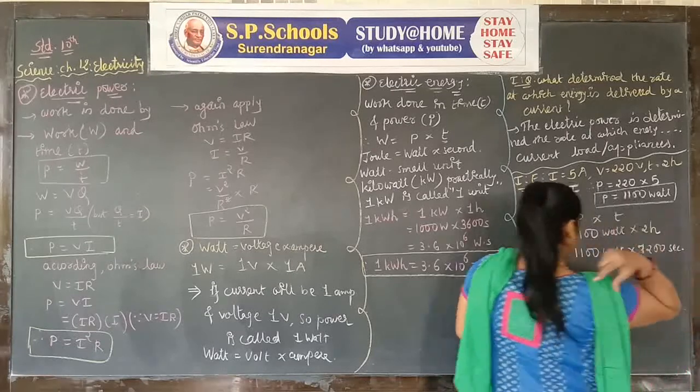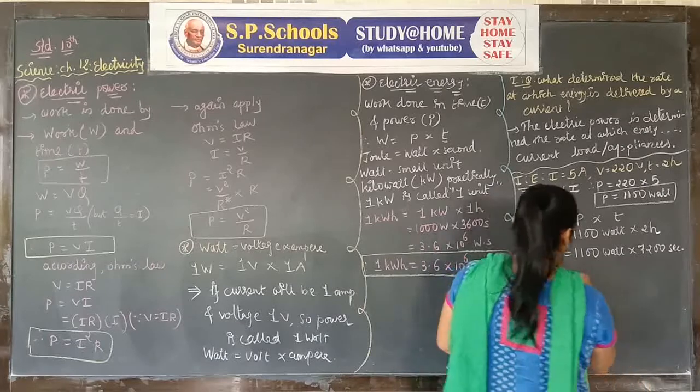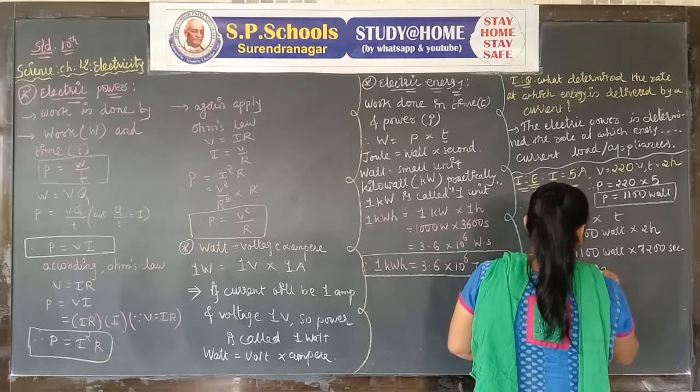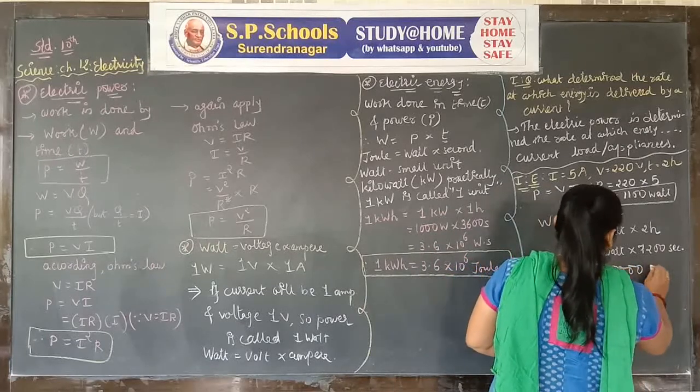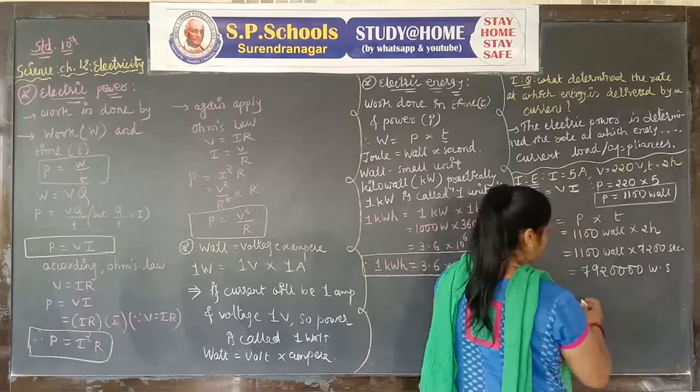When we calculate 1100 with 7200 second, it will be 7920000 watt into second.